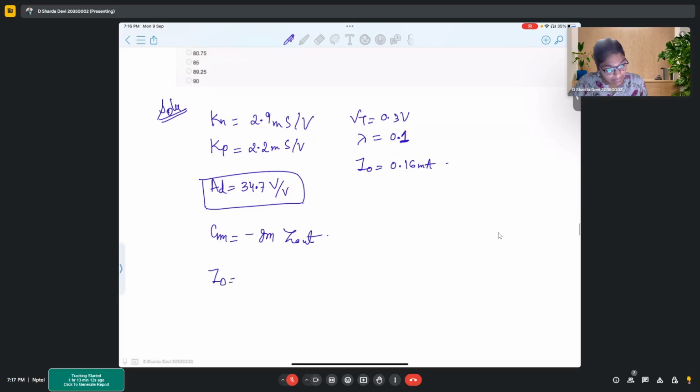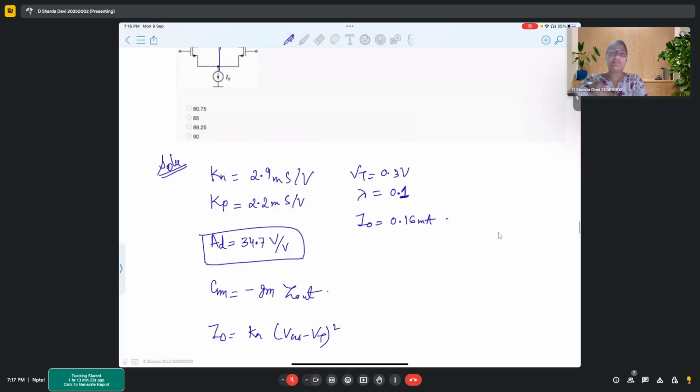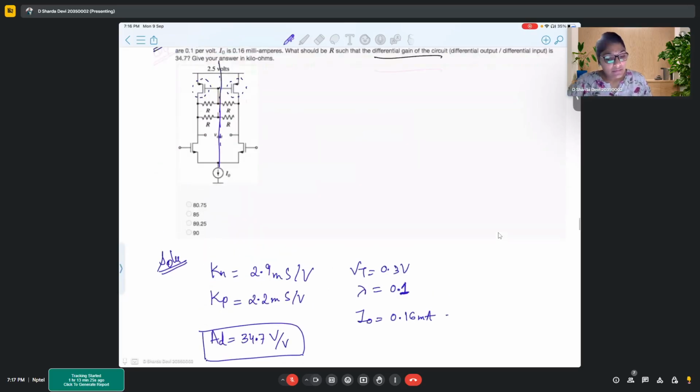ID is Kn (VGS minus VT) whole square, because we know that all my transistors should be in saturation to get amplification.